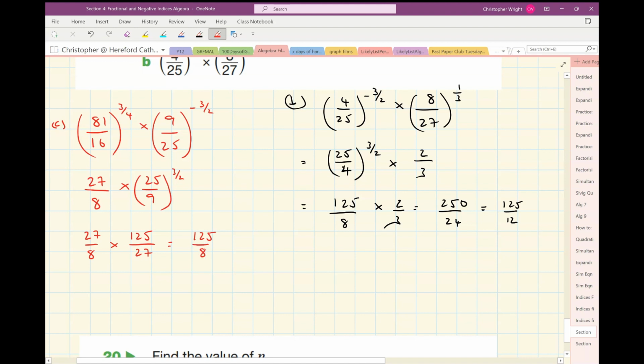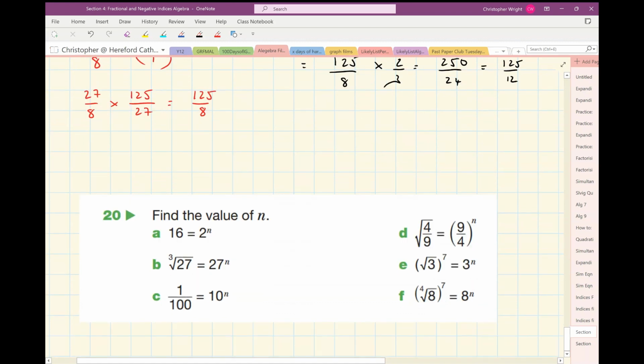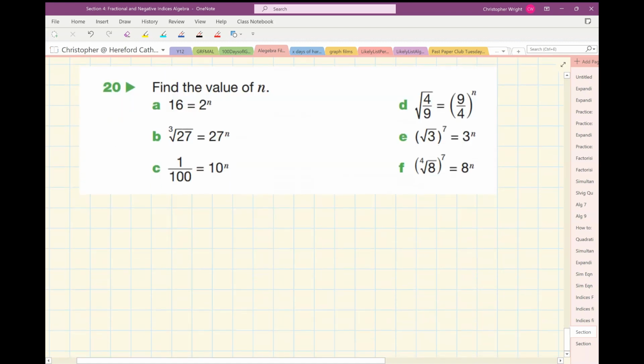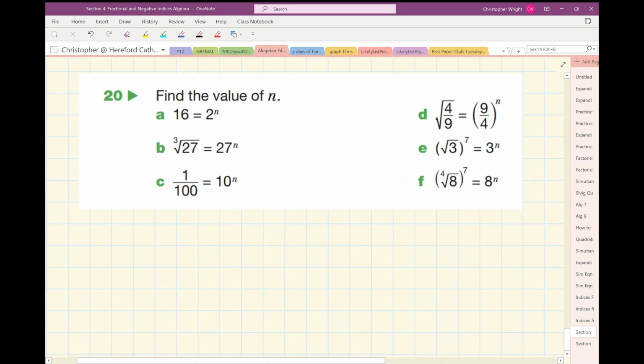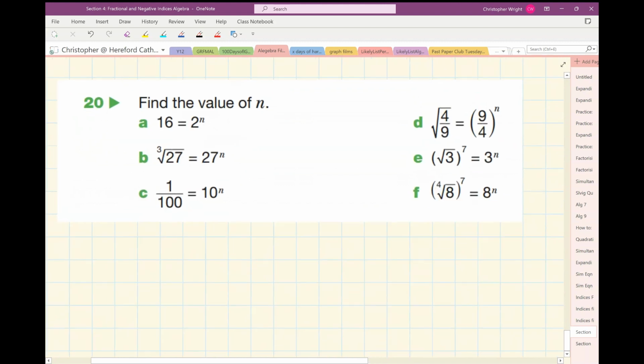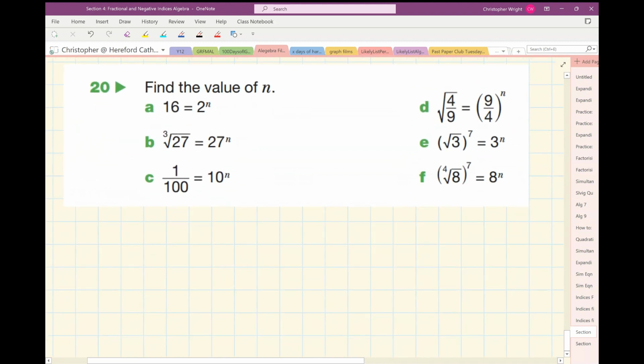Right, moving on to question 20. Now in question 20, certainly looking at the first couple, I think we're going to be dealing with writing things in the same route here. Let's have a look. 20a. 16 equals 2 to the power of what? 2 to the power of 4 is 16, so n must equal 4.